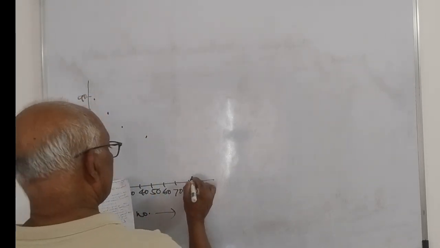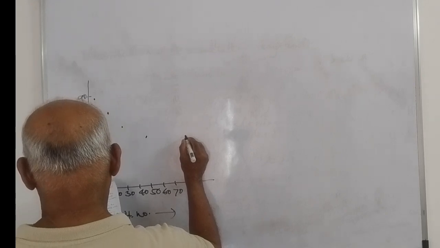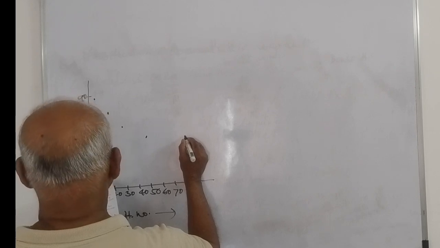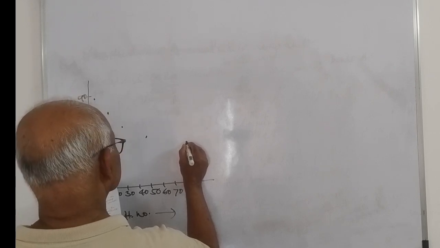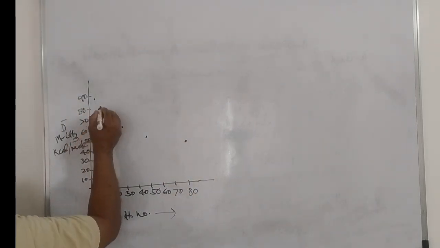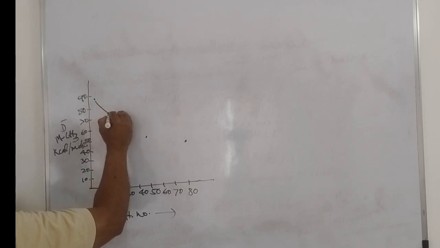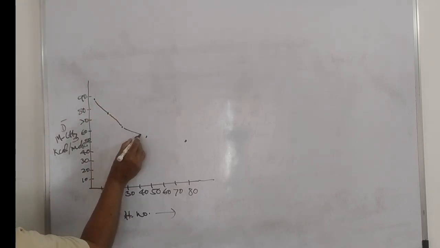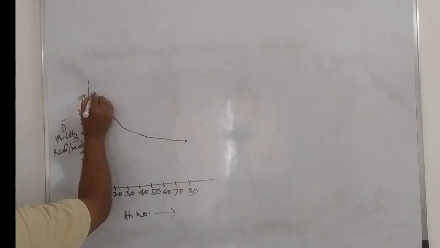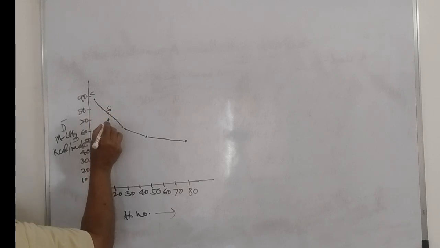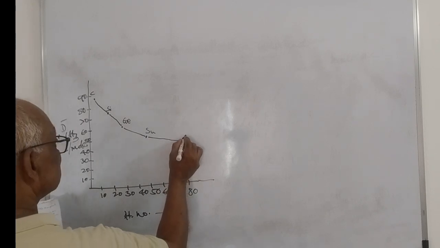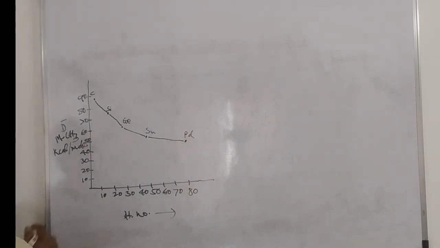Then Pb has about 18. If we link these, we get this type of trend, and the elements are carbon, silicon, germanium, tin, Pb, and second is nitrogen.